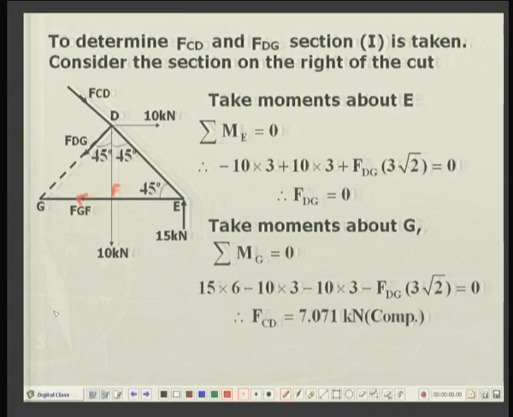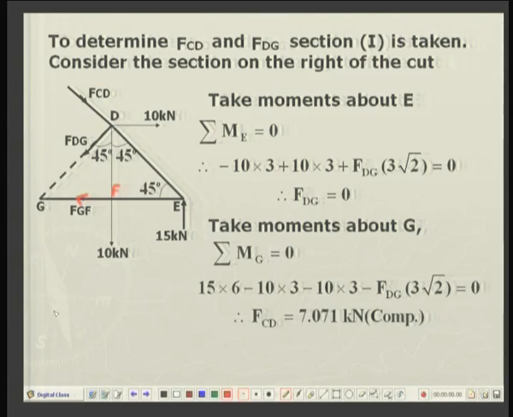Then I will take the moment about point G. What will happen? This force FGF will have 0 moment, FDG will have 0 moment, only FCD will have a non-zero moment, and other two forces, or rather other three forces, are known forces. So, it means in one step, in one go, I can find out FCD.